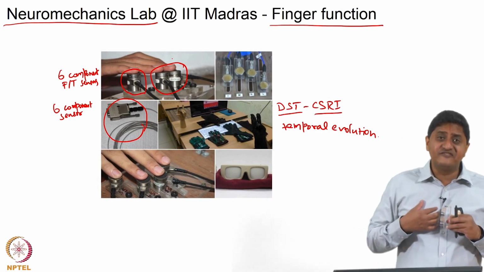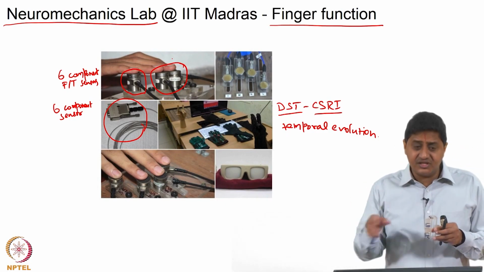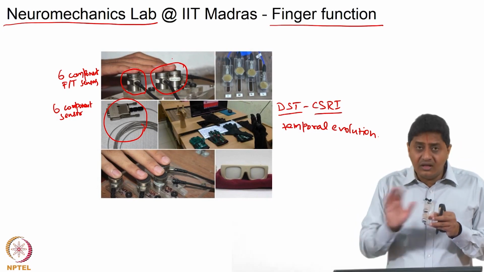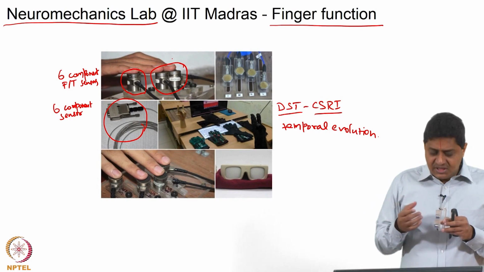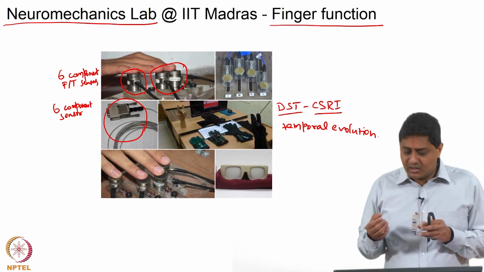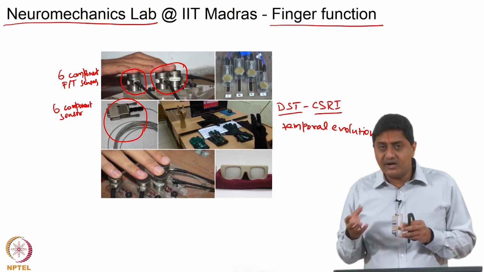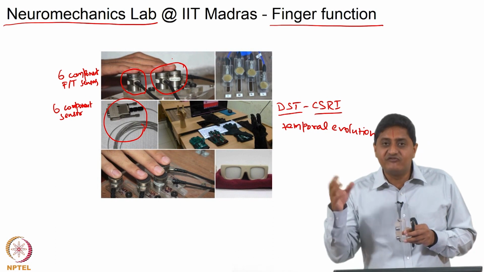Suppose I know the physics of the task well, suppose I know the trajectory, I know all the physics. Then the question is, how does the finger system coordinate to produce this known physics?